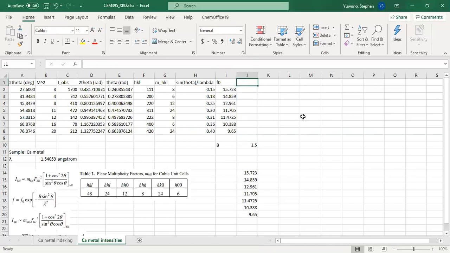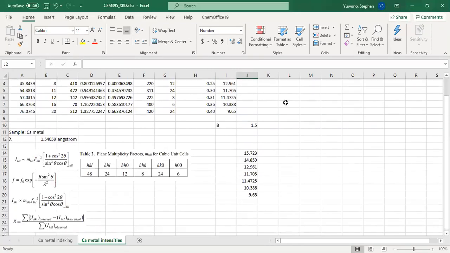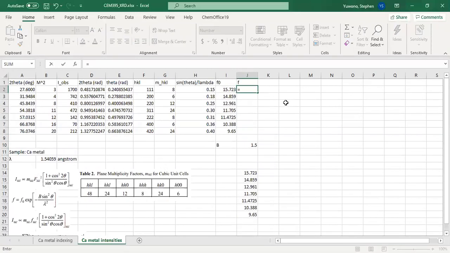So now let's calculate F. F is going to be F0 times exponent of minus B, so I will lock it because it's going to be the same, times sine square over lambda square, which we already have here, and we just need to square it.